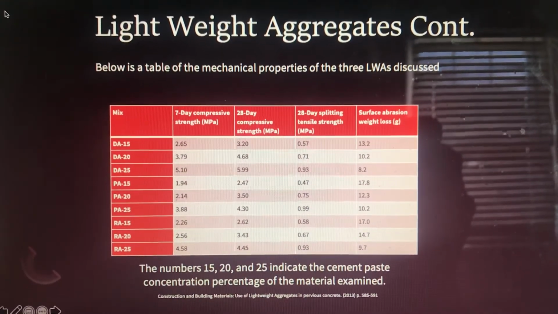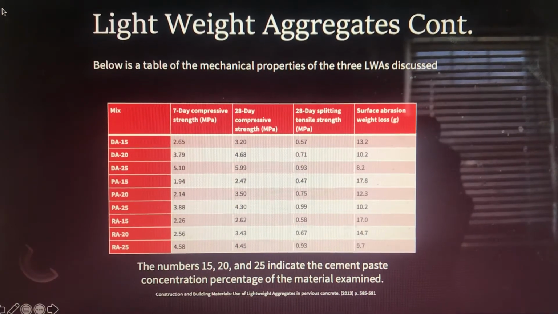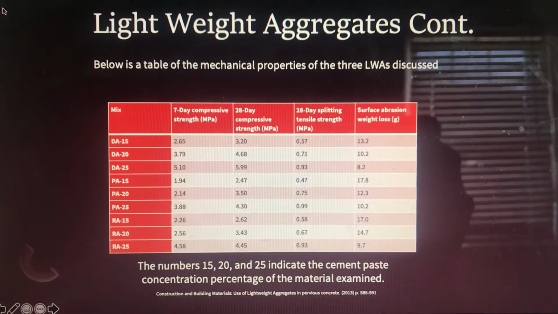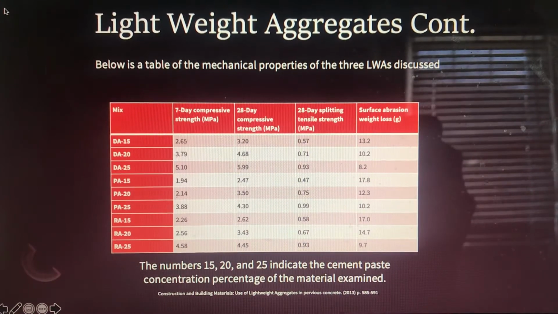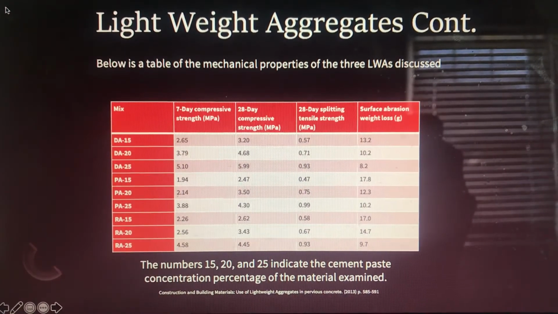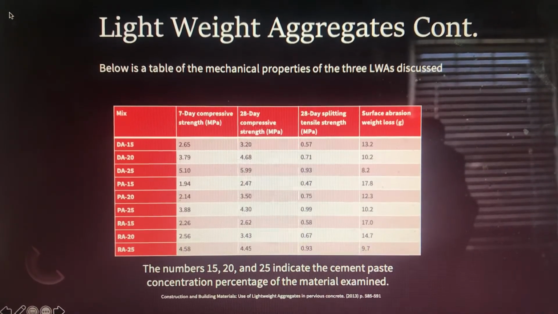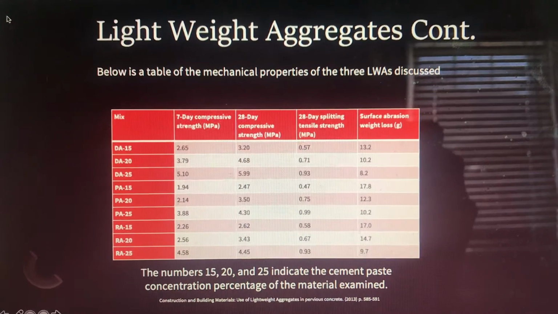So the higher the percentage of the cement paste, the lower the percentage of porosity. So at 25, you're going to see a higher compressive strength, but you are going to see a lower porosity percentage there. But the recycled aggregates and the pumice aggregates are actually pretty comparable in the compressive strength. So it depends on what you are wanting to do with your project.